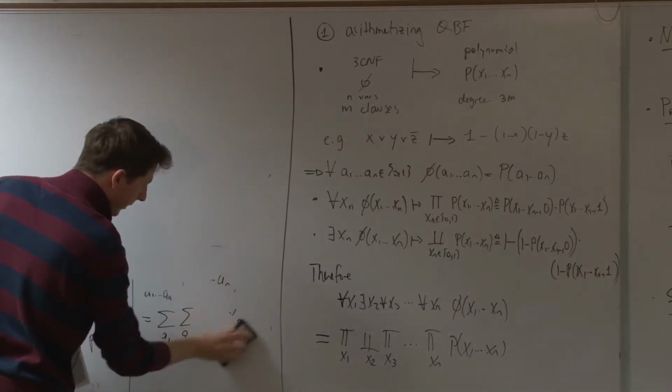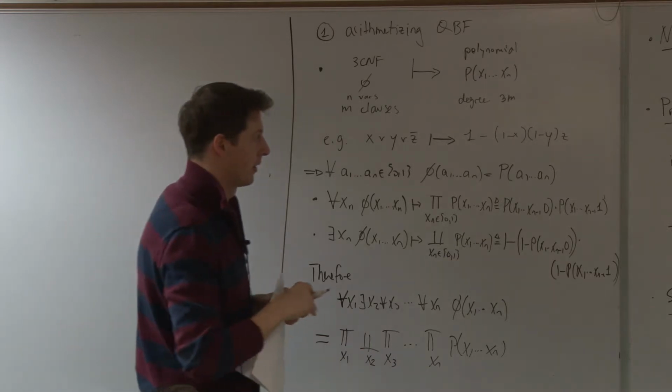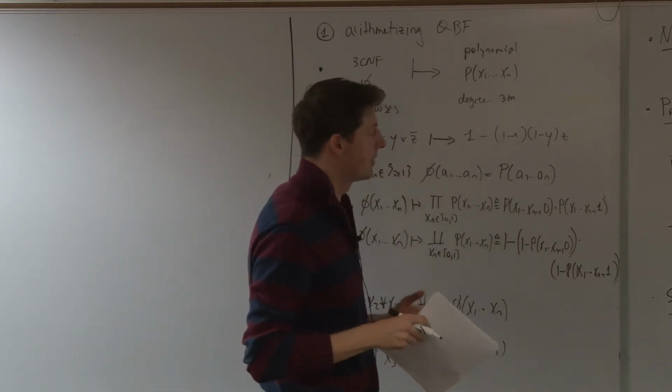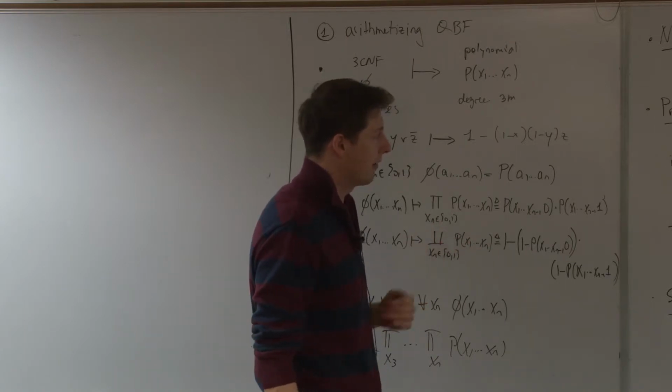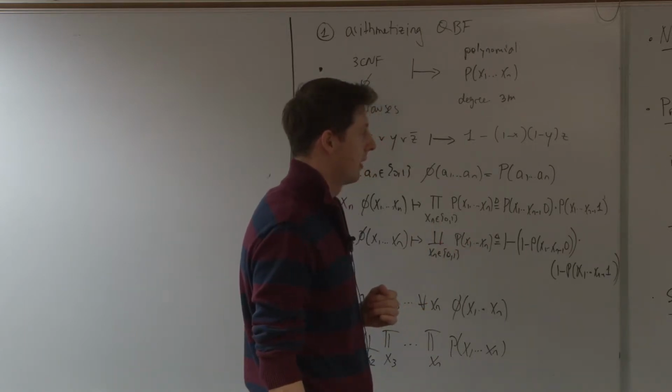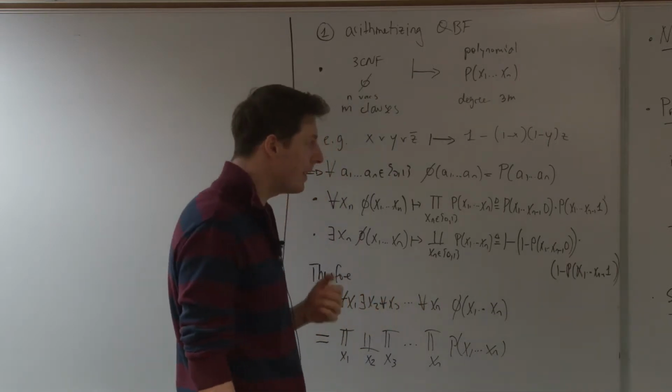By the way, notice that what we're doing is not quite the sum check protocol. It is similar to it in that it has this variable by variable progress throughout the interactive proof, but it is also different.